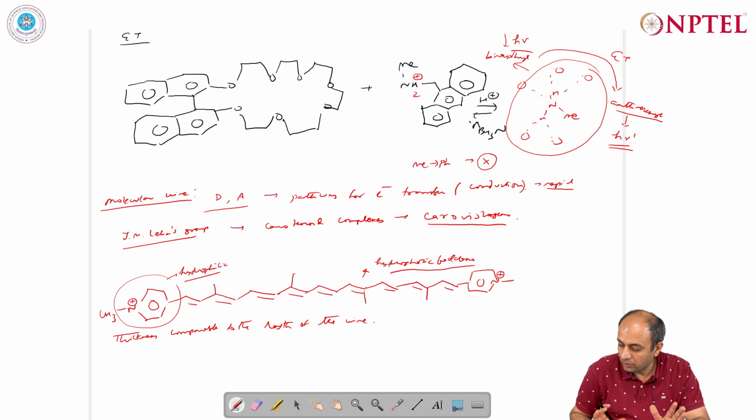And because this has both polar and non-polar parts, it is of relevance in the transfer of signals in cells also, across the bilayers. So if there has to be a signaling mechanism between the intracellular and the extracellular region via these bilayers, then the bilayers have both the hydrophobic part as well as the hydrophilic part, and this particular example serves to illustrate that electron transfer processes or current flow is very important in understanding different biological pathways.